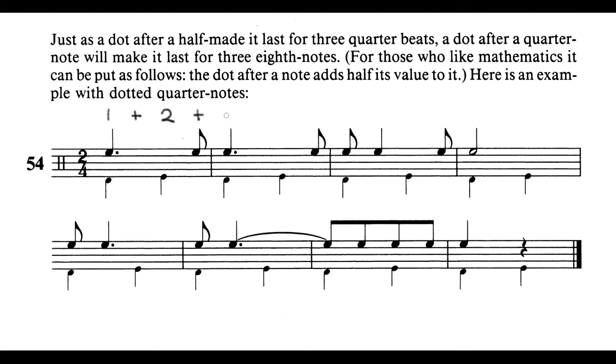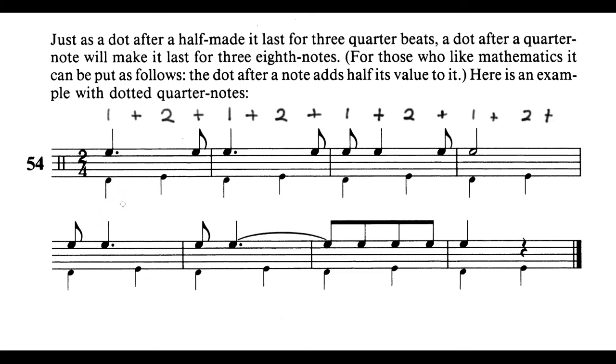Then we have another dotted quarter note, which will cover those 3 eighth notes, 1 and 2. Then another eighth note on the and. Then we have that syncopated figure, 1 and 2 and then just a plain old half note, which will cover both of the beats.